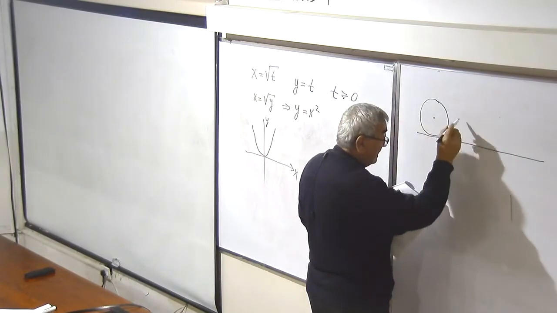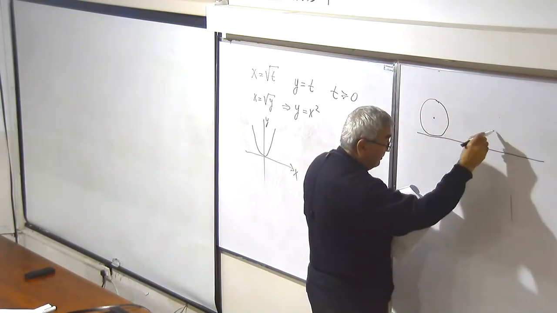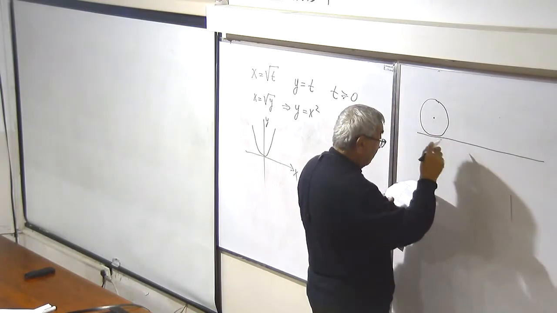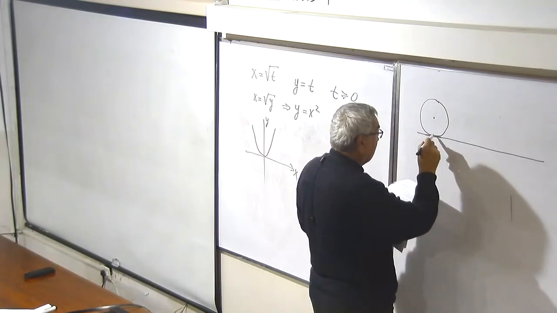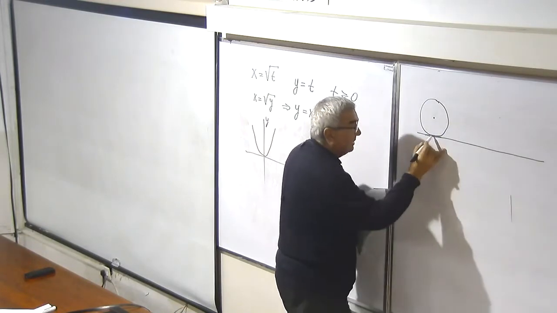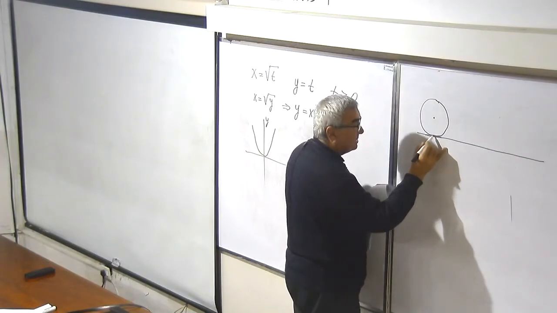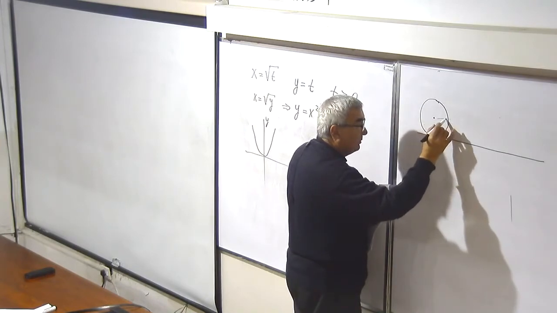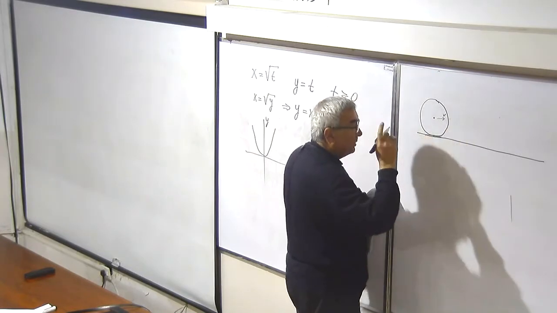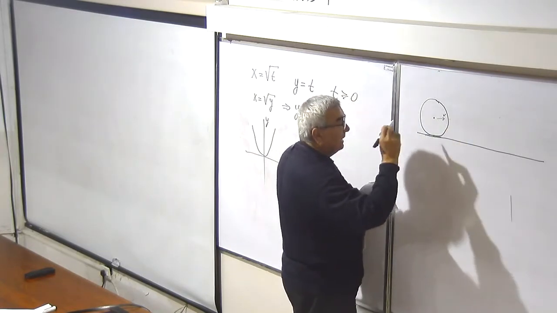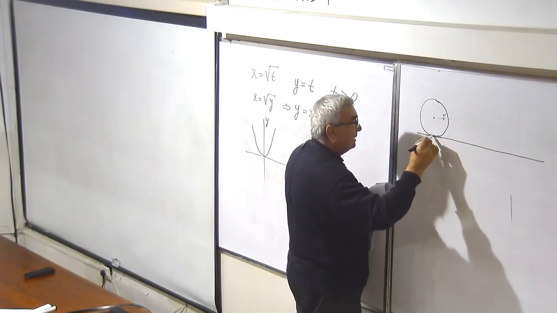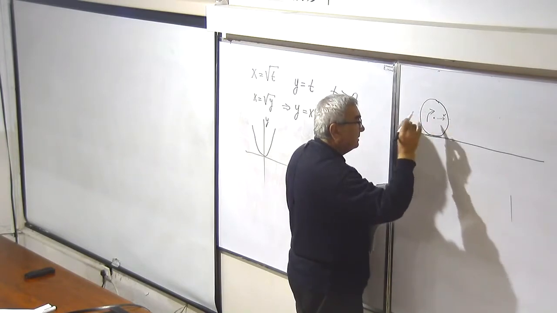That means the center of mass of this cylinder moves with a constant velocity. If there is no slipping, in this case this point of the cylinder has zero velocity. This is the velocity v, which is possible to take equal to 1, and the radius also equal to 1. That means its motion will be in these directions.